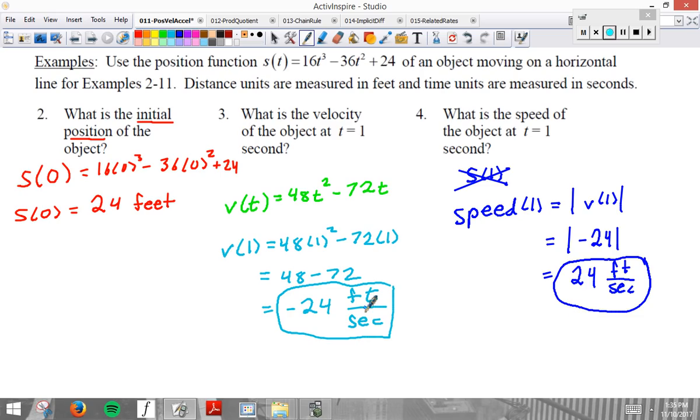However, the object is moving 24 feet per second, and then that negative sign means to the left. So, if we're moving 24 feet per second to the left, the velocity would be negative. If we're moving 24 feet per second to the right, the velocity would be positive. Because the velocity is how we find the direction.